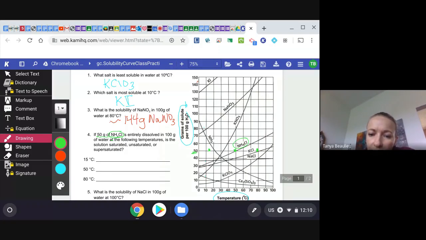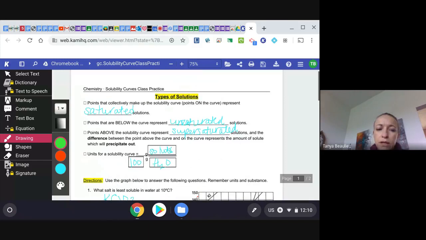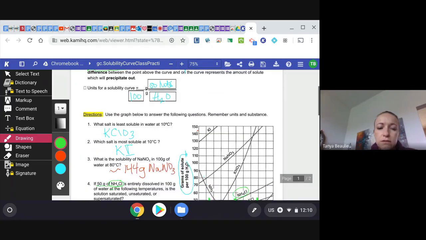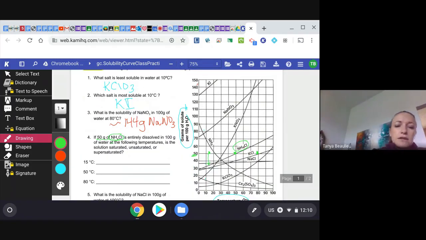So here's the ammonium chloride line. The first data point is above the line. Well, up here, we said that points above the solubility curve represent supersaturated solutions. So our first solution there is going to be a supersaturated solution, because that data point is above the line.